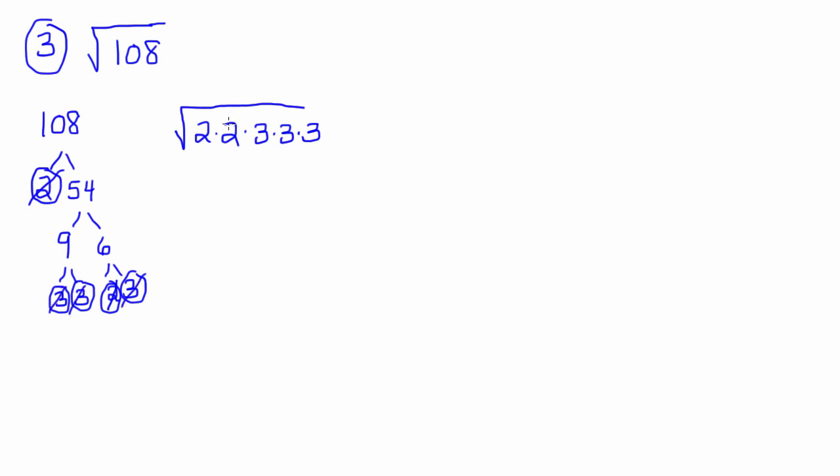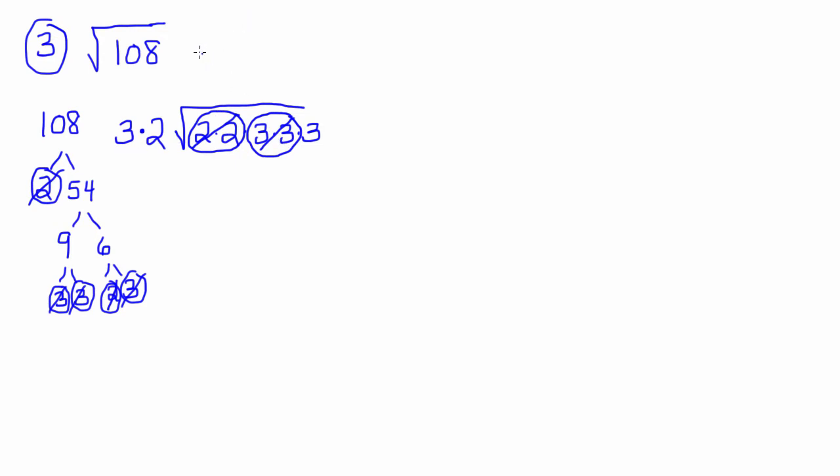All right, so now I'm looking for pairs. I have two 2's, so I circle them, cross them out, bring one outside. And I also have two 3's, so I circle them, cross them out, and bring one outside. Now, this is multiplication out here. So don't do addition. I sometimes see students go 3 plus 2 and get 5. Nope, it's always multiplication because the whole thing has been multiplication.